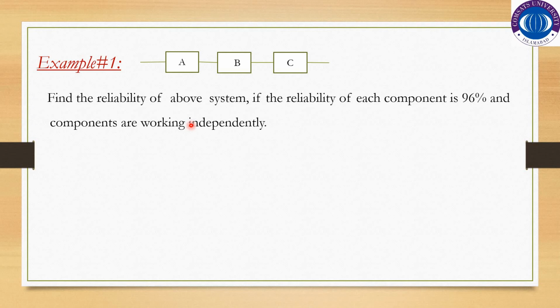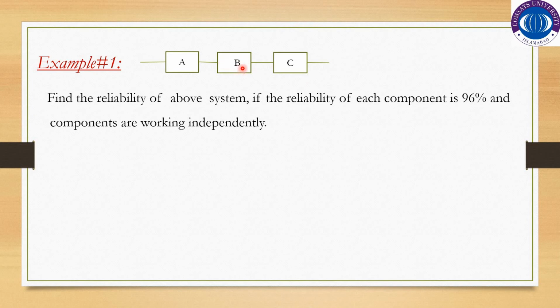When we say components are independent, what does it mean? Working of A does not depend on B or C. Similarly, working of component B does not depend on A or C. Yes, the working of whole system depends on all three.